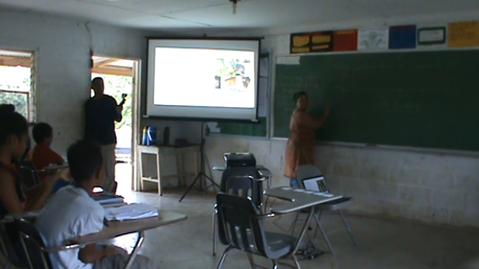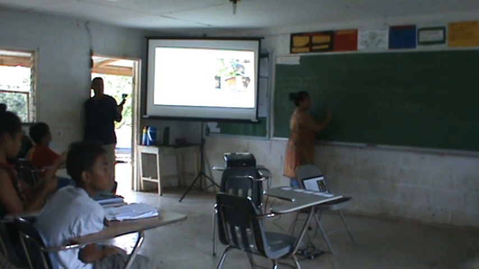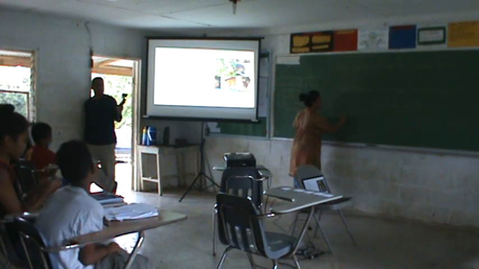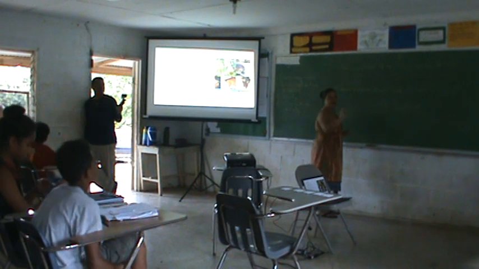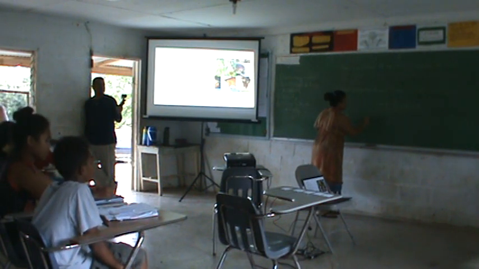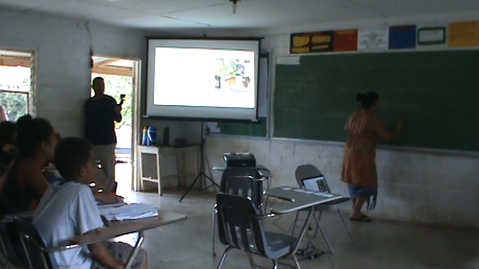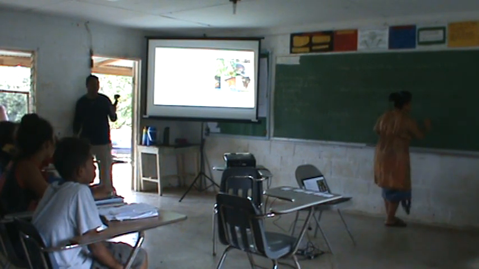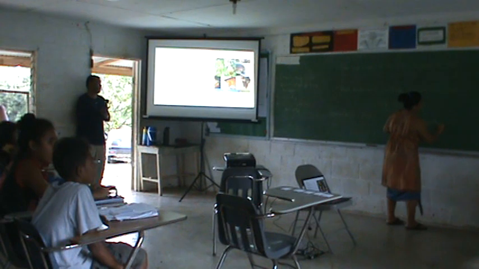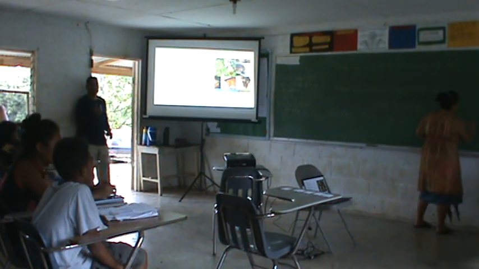What is the first one? Monera. What's the second one? Protist. Fungi. Plantae. Animalia.